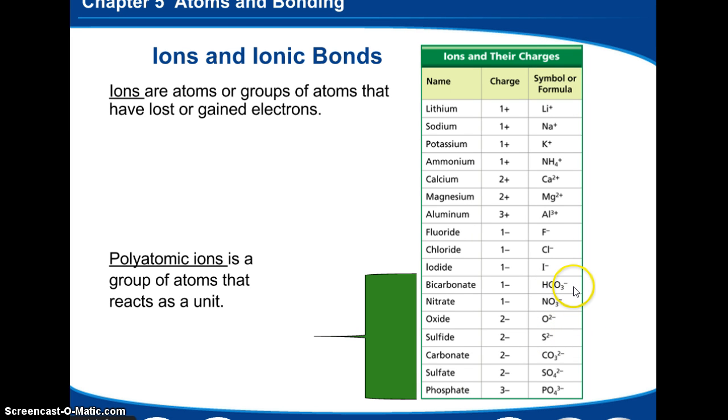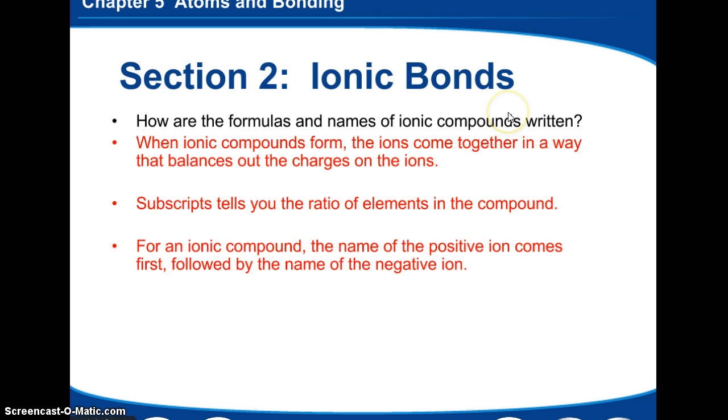This set down here, notice how they have multiple atoms, like this has hydrogen, carbon, and oxygen all bonded together. These are all special. They're called polyatomic ions, and we're going to learn about those a little bit later on, memorize a set of those. These up here, it's just saying lithium, for instance, is in group 1, so it gives away one electron. So because it gives away one negative, it's left with the 1 plus charge.